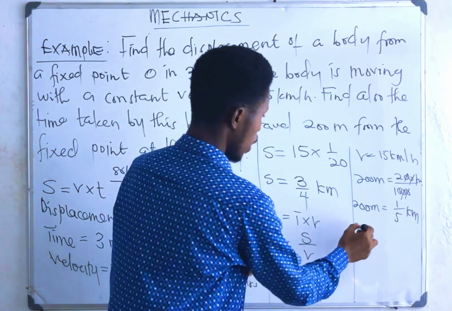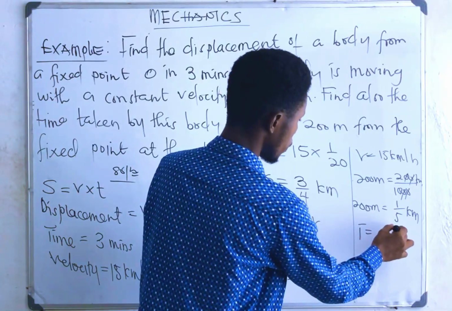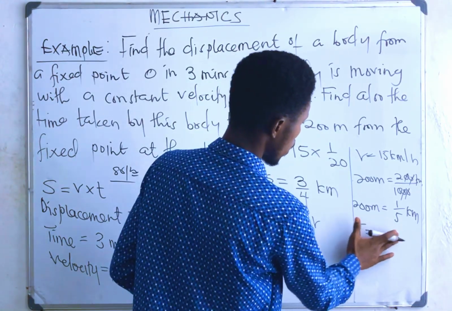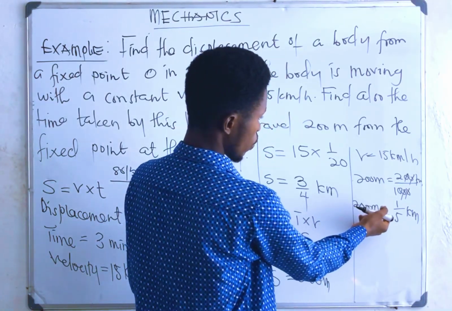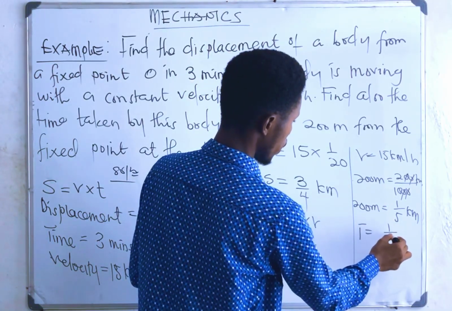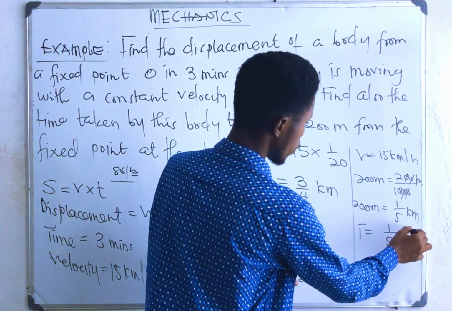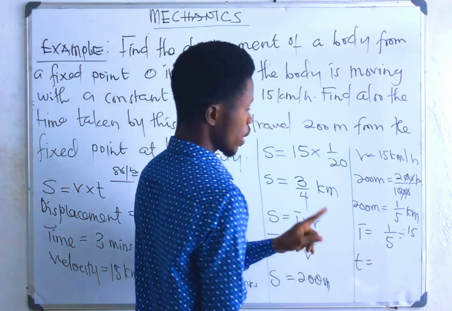So now our time is going to give us, the S is 1 over 5. So this will be 1 over 5 divided by velocity, which is 15. So my time, remember, the time will be in hours.